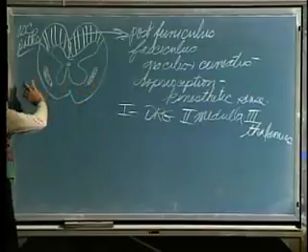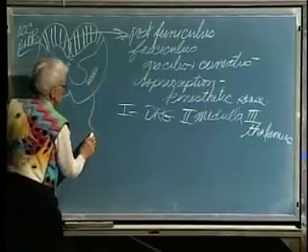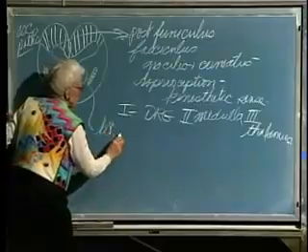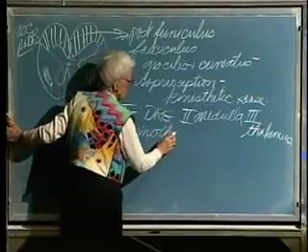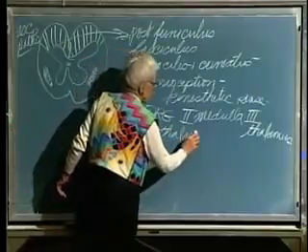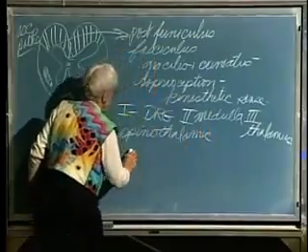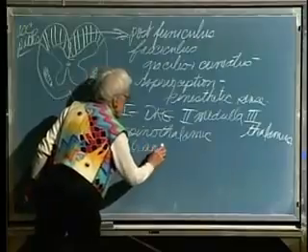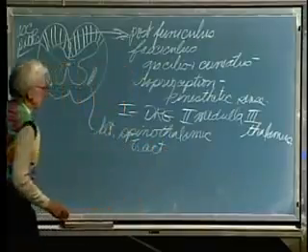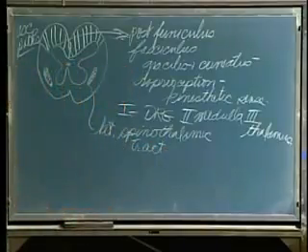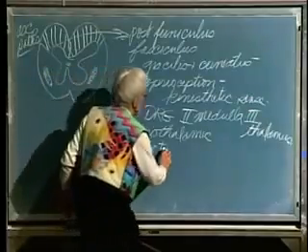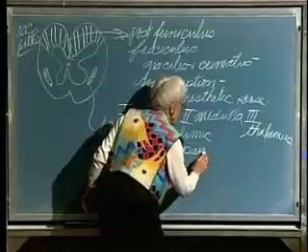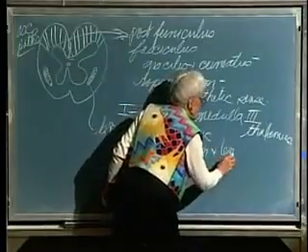These are on both sides. So this was our lateral spinal thalamic tract. And what was it carrying? Pain and temperature. Good for you. Terribly important. Pain and temp.